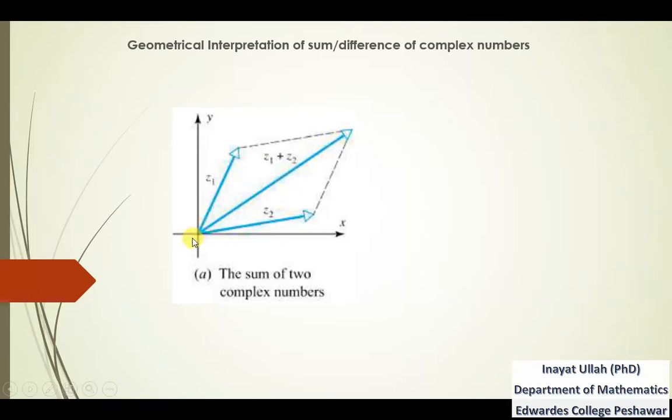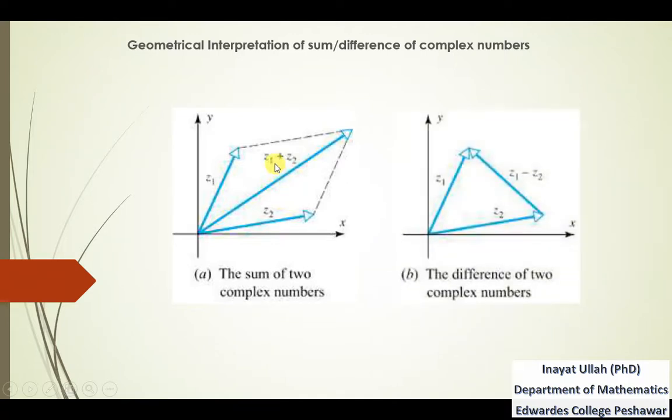This diagonal between z1 and z2 is actually the sum of these two, z1 and z2. The diagonal which is between z1 and z2 is the sum of z1 and z2, and the difference is z1 minus z2. So what is z1 minus z2?